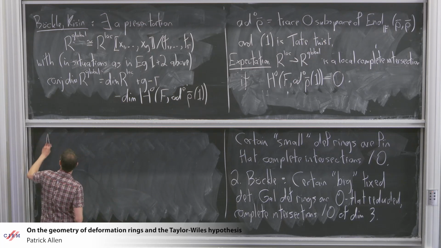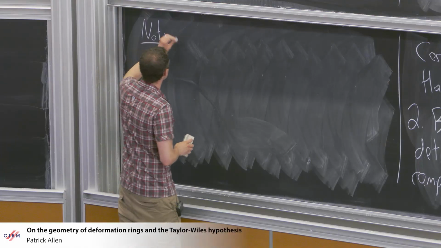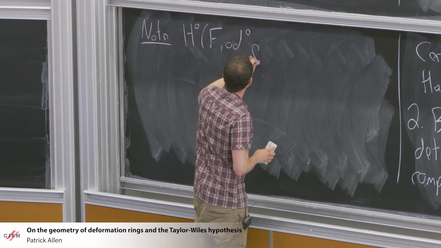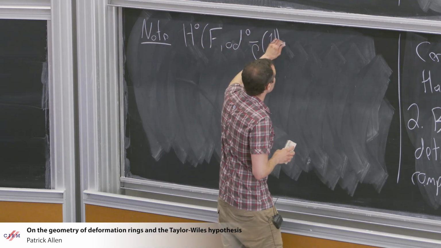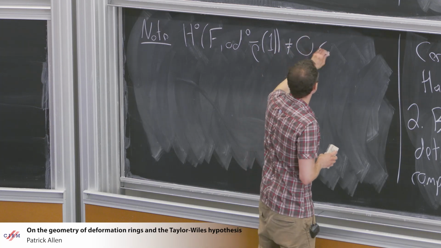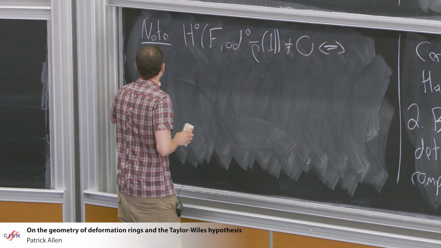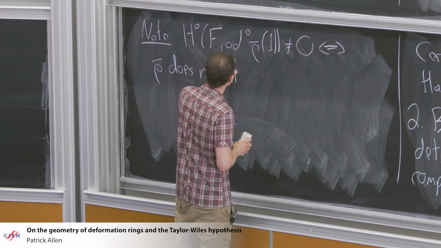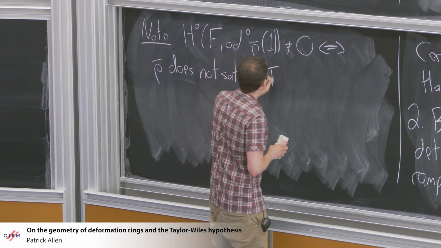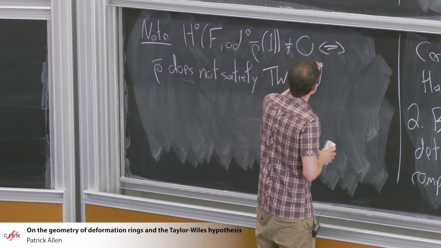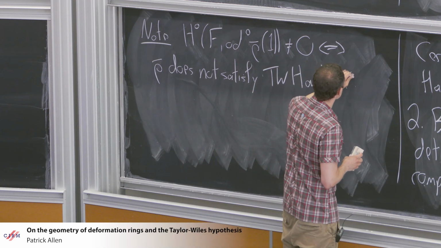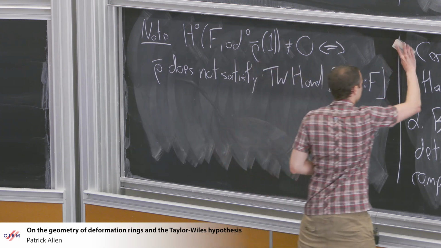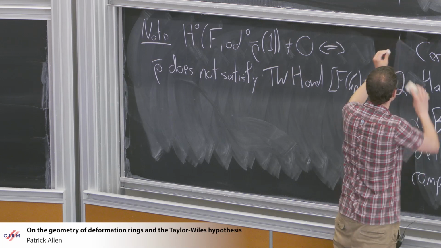So note H0 F add 0 rho bar 1 is not equal to 0 if and only if rho bar does not satisfy the Taylor-Wiles hypothesis and F adjoin zeta p over F is quadratic, degree 2.